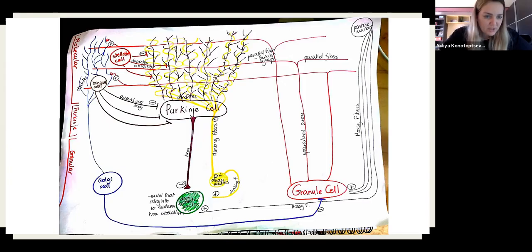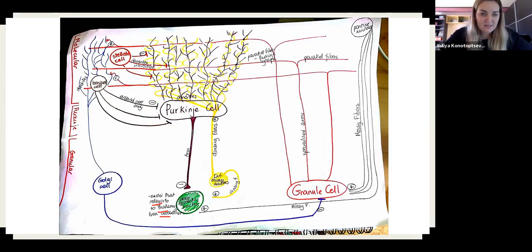And as you can see, what is the Purkinje cell synapsing with? What is it inhibiting? It is inhibiting deep cerebellar nuclei. There are 4 of them. We'll talk about them right now. But these nuclei relay information to the thalamus from the cerebellum. These nuclei have something to do with movement.